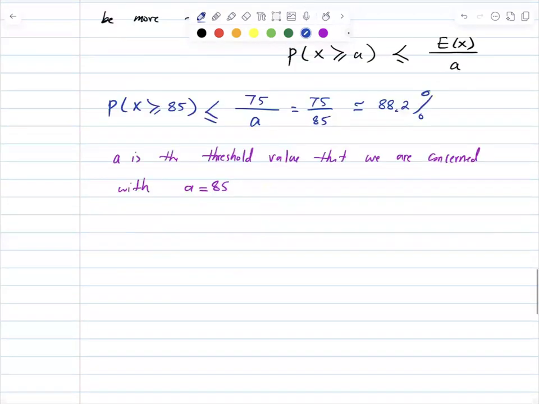Another example for you. So in this example, you have the following case.